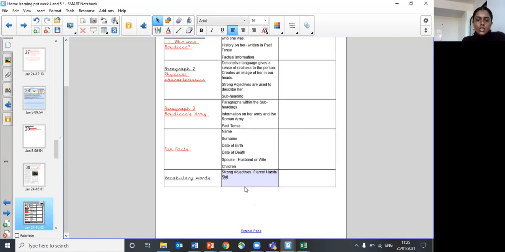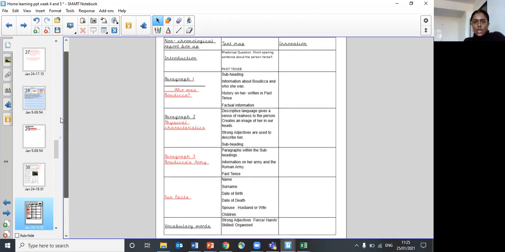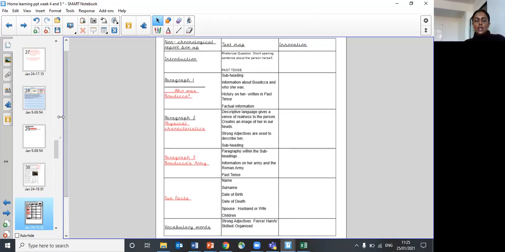So here I have the box up. The box up has now been translated from our text map, where we can see what things are being used within our text map itself and the features, and how we can use that to then create our own.